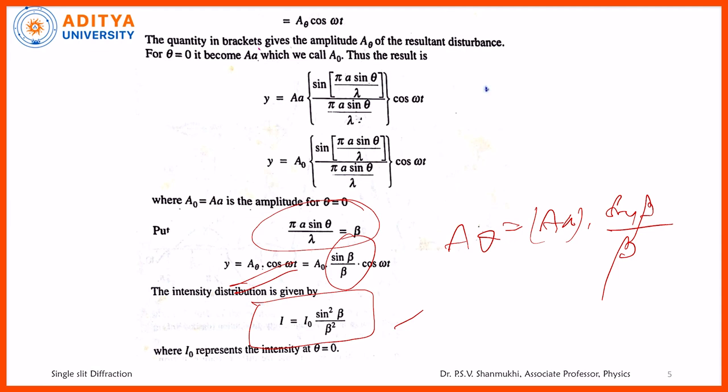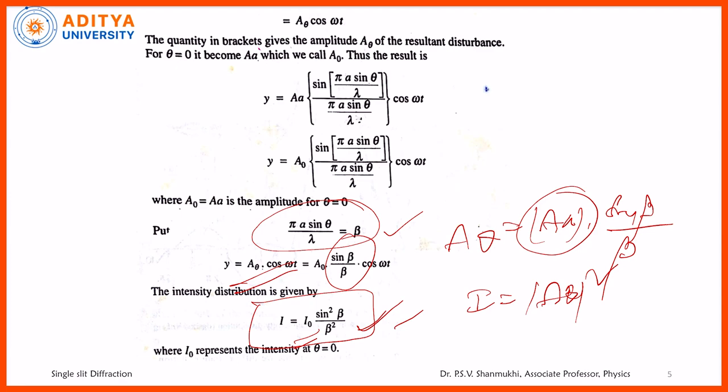Then what is the intensity formula? Intensity is proportional to the amplitude square. So what is the amplitude square? A into a whole square is taken as I naught into sin square beta by beta square. Therefore, I is equal to I naught sin square beta by beta square. This is the resultant intensity formula. So, what is beta in this? Pi a sin theta by lambda.